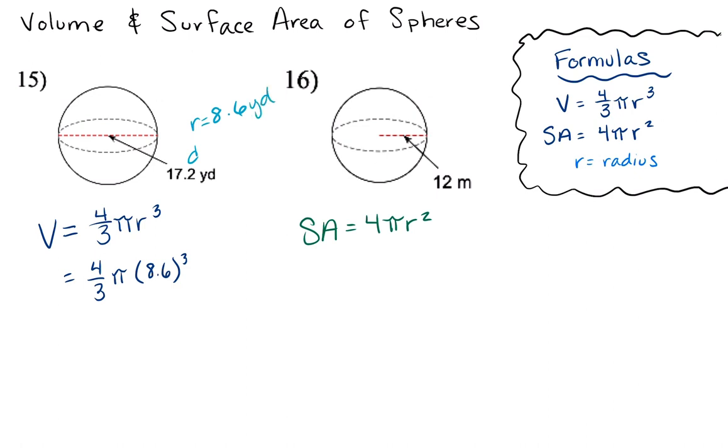Now I'm largely going to use a calculator for this, and again, in this video series, we are using 3.14 for pi, so we're going to put in the calculator 4/3 times 3.14 times 8.6 raised to the power of 3. And I get 2662.954, and it continues on, so I think I'm going to go ahead and just round that to 95. And that's going to be yards to the power of 3.